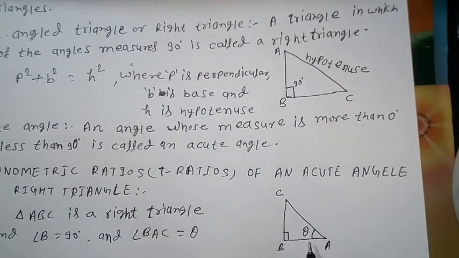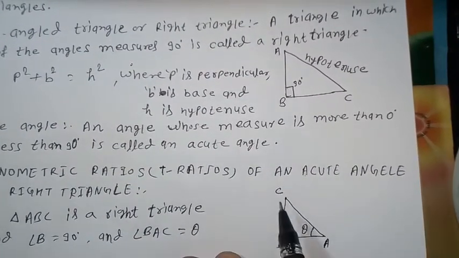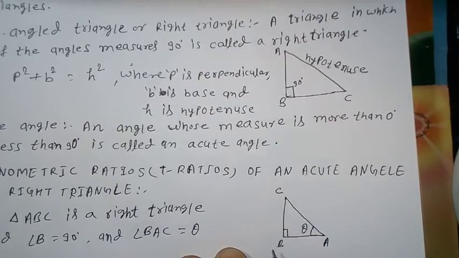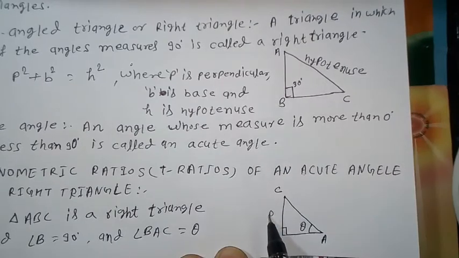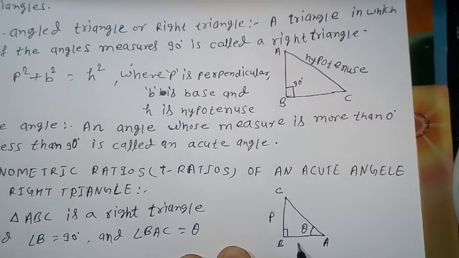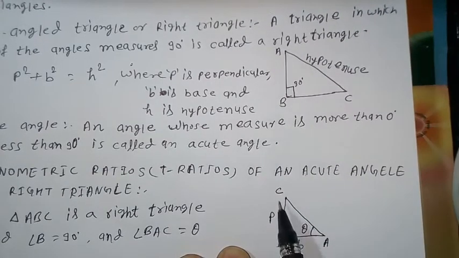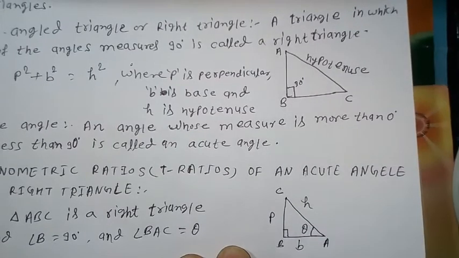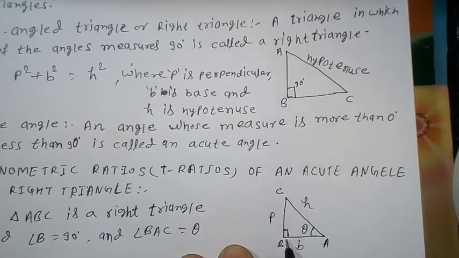So for theta, side CB is perpendicular, BA is base, and CA is hypotenuse. Always remember, the opposite side of 90 degrees is the hypotenuse.